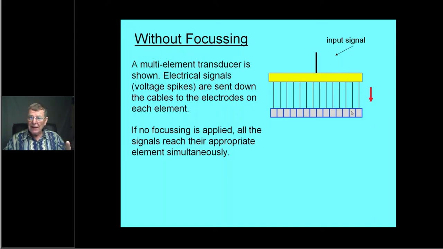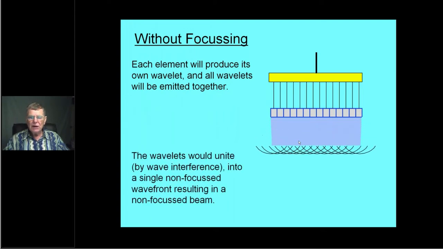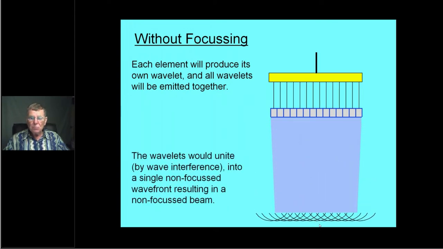What would happen then is that each element's wavelet would come out at the same time like this, and then they would join and the wavelets would produce the overall beam, add together by wave interference, and the resulting beam would be a non-focused beam. Again, just a little bit of reminder about beam profile.